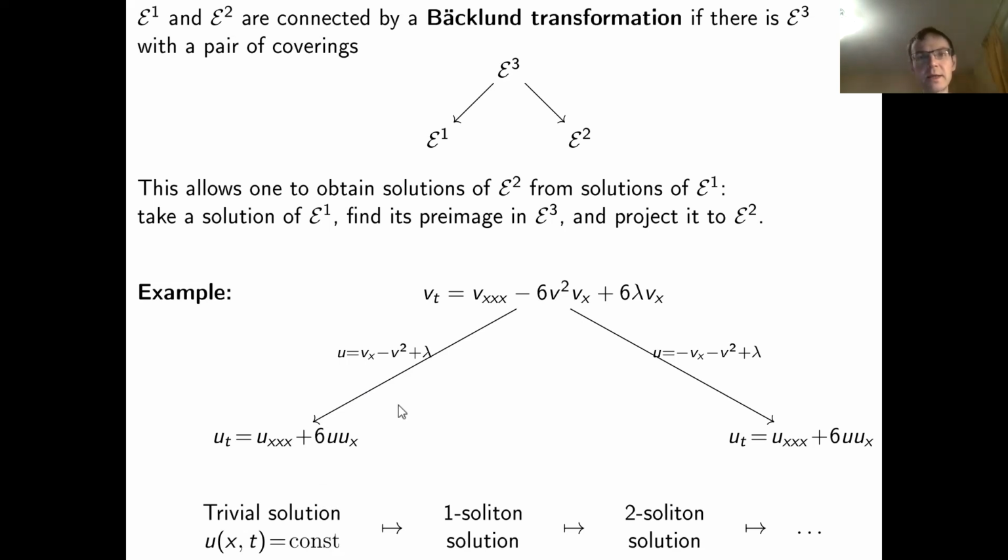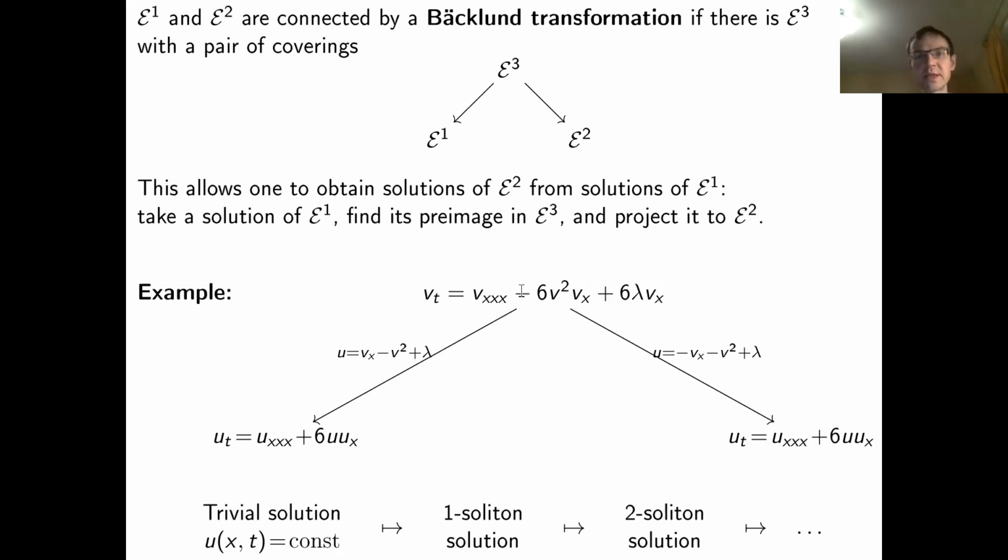One can do the following. As a starting point, we can take the trivial solution U equal to a constant, take it here, and find its preimage, which means that we need to solve this system of two equations. It's possible.